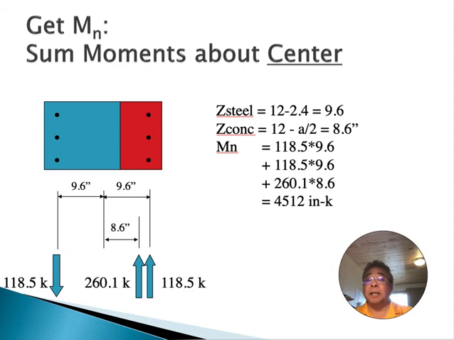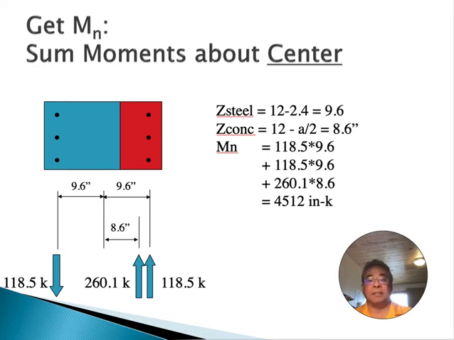And then you sum moments about the center of the column to get Mn. And so you have that 118.5 times 9.6 going counterclockwise, the other 118.5 times 9.6 going counterclockwise, and the 260.1 times 8.6.